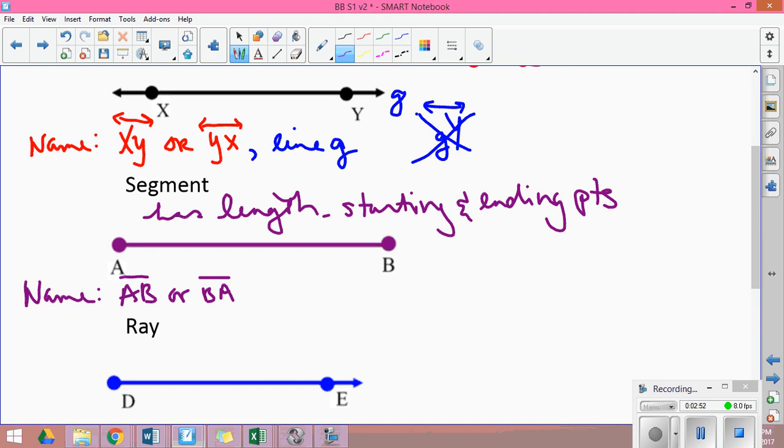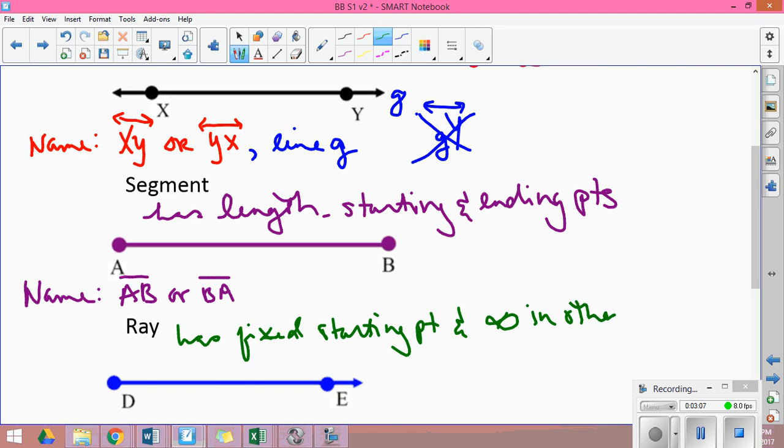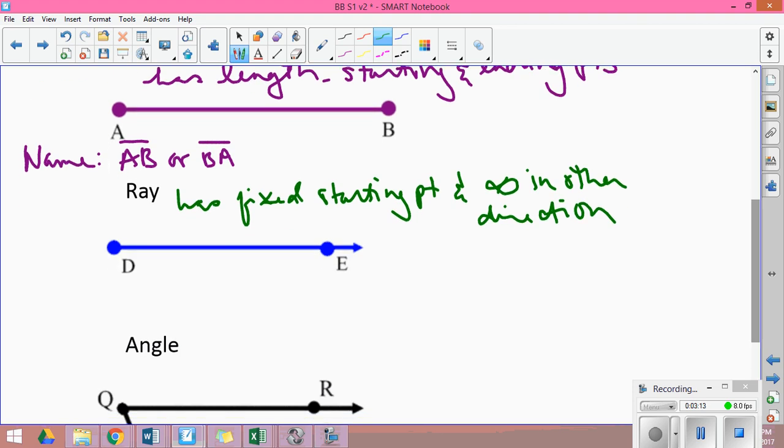A ray has a fixed endpoint, or starting point would be better, and it goes infinite in the other direction. Now this time when we name, it gets a little bit more specific.